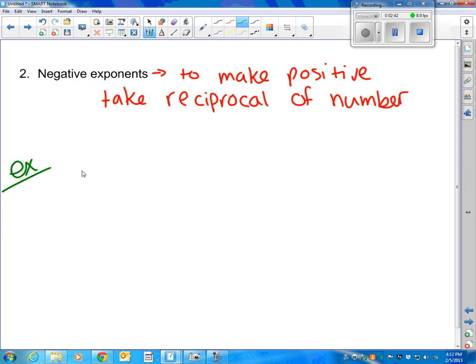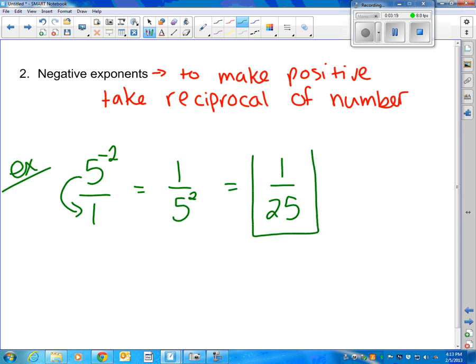For an example, if I had 5 to the -2 power, that's my negative power, I can rewrite 5 as 5/1. So to make this a positive, I'm going to move the 5 to the denominator, or think of the reciprocal 5/1 as 1/5. The 2 tags along with the 5, but it's no longer negative, it's now positive. And I know that 5 squared is 25, and that is my final answer.